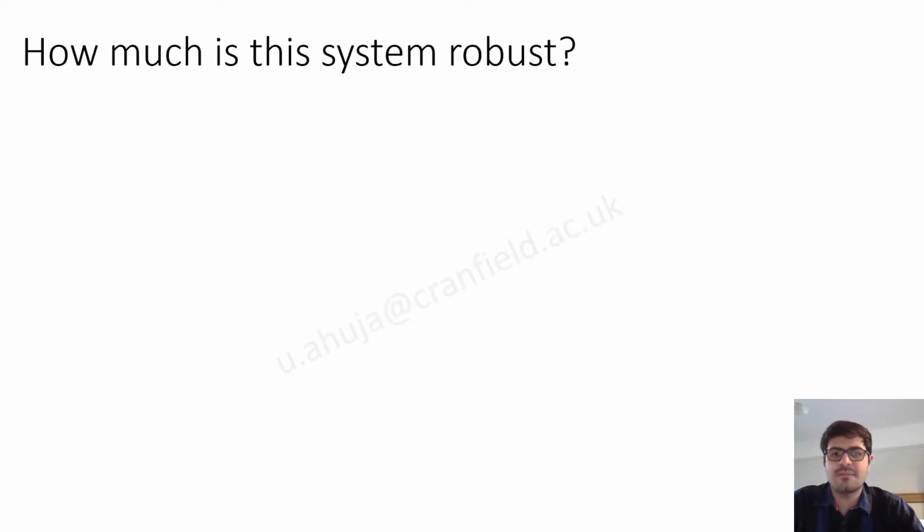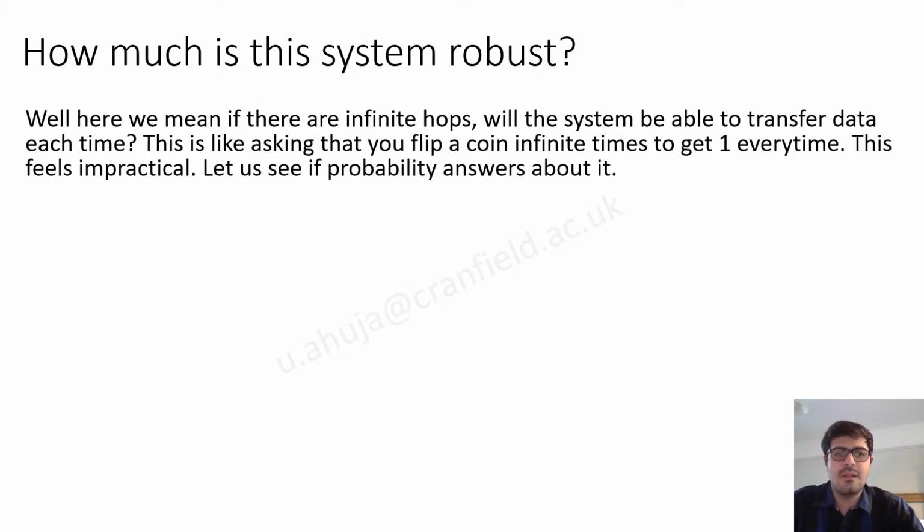So how robust is this system? Here we mean that there are infinite hops. Will the system be able to transfer data each time? This is like asking you to flip a coin infinitely many times and get success every time. This feels impractical, so let's see the probabilities.